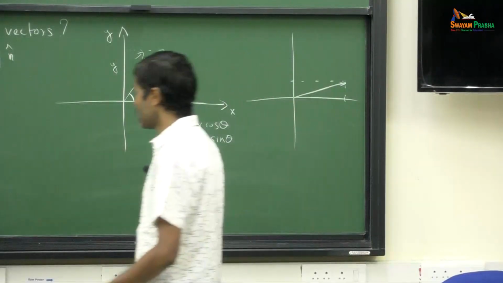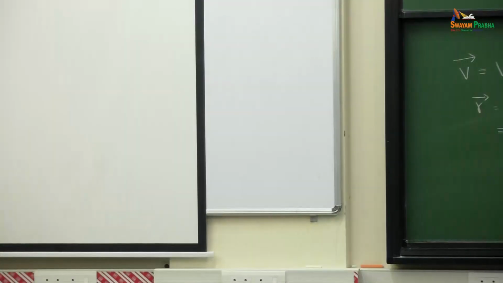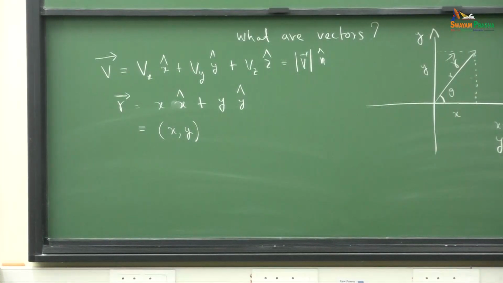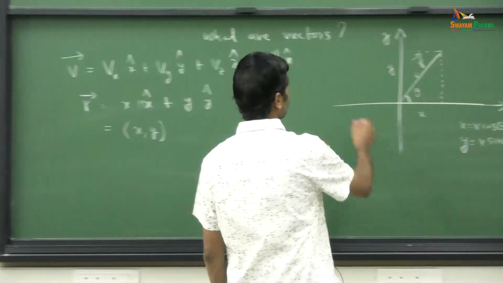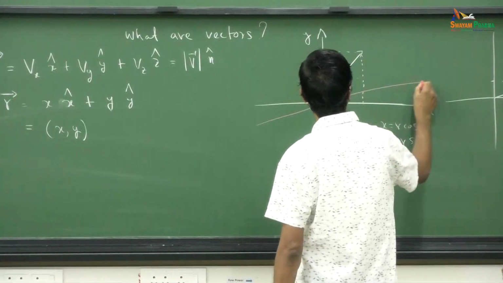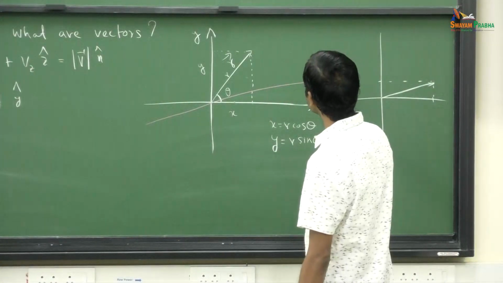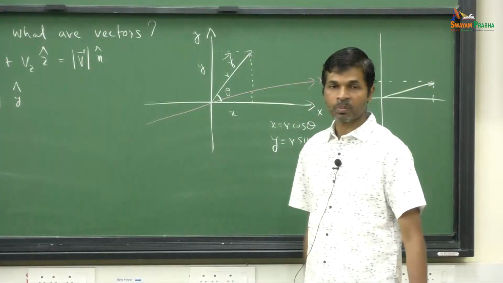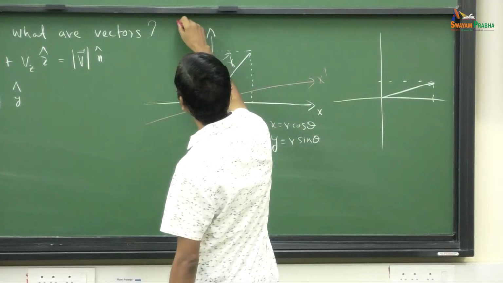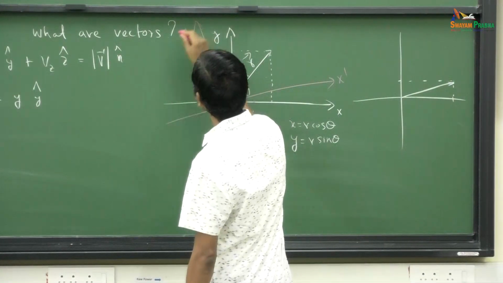For example, suppose I perform a rotation. I will say this is my old axis, but I have a new coordinate system. This is my new x-axis. I will call this x prime axis, and then this is my new y-axis, y prime.